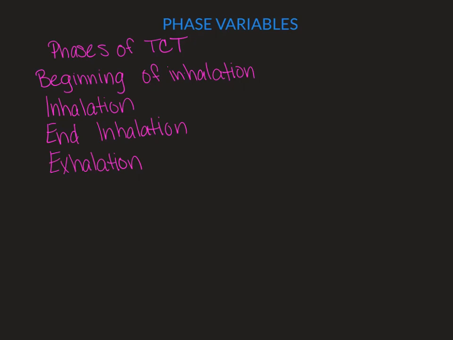So if we remember, let's draw it down here, the infographic that I showed. If we say this is one breath, we have T for trigger, L for limit, C for cycle, and then B down here for baseline.